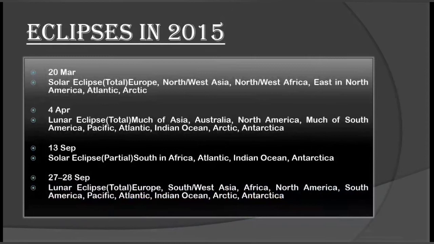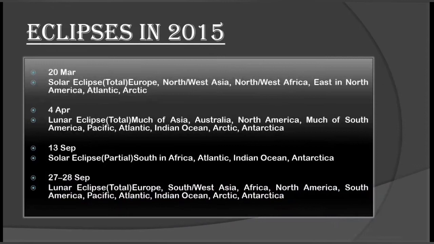4 April. In this thing, lunar eclipse was there. Total, much of Asia, almost Asia, Australia, North America, much of South America, Pacific, Atlantic, Indian, Arctic and Antarctic. So on this 4th April, they experienced the lunar eclipse, and it was a total lunar eclipse, much of Asia and other continents.